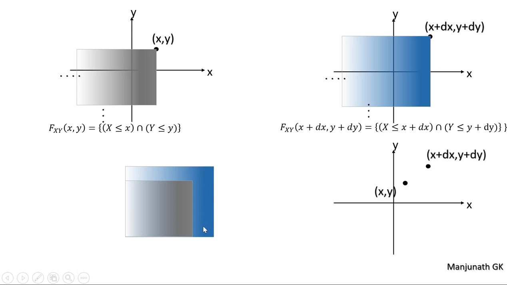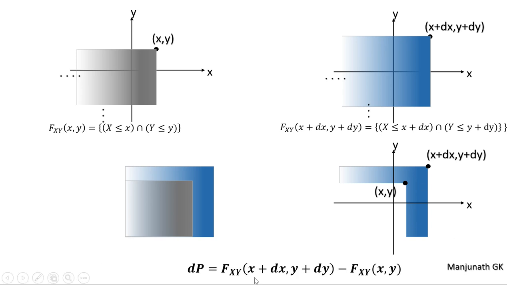As a result, the difference between these two areas, at the point x, y and at the point x plus dx and y plus dy, only this area exists after subtraction. This area is called the difference area dP.